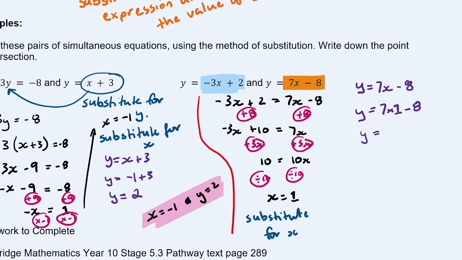So now we're going to have 7 times 1, which is 7, minus 8, which means that y equals minus 1. We can double check this by popping both those numbers, the 1 and the minus 1, into the first equation, y equals minus 3x plus 2. Or we can just accept that x equals 1 and y equals minus 1. So there's the answer to our second problem there.